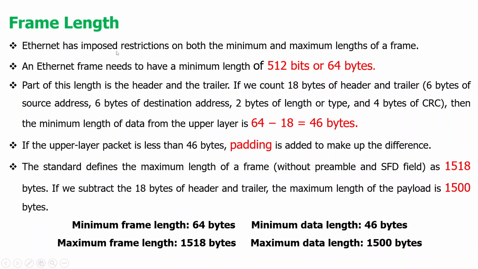That is, Ethernet has restrictions on both the minimum and maximum length of frames. The Ethernet frame needs a minimum length of at least 64 bytes overall, including 7 bytes of preamble, 4 bytes of cyclic redundancy check, 6 bytes of source address and 6 bytes of destination address.